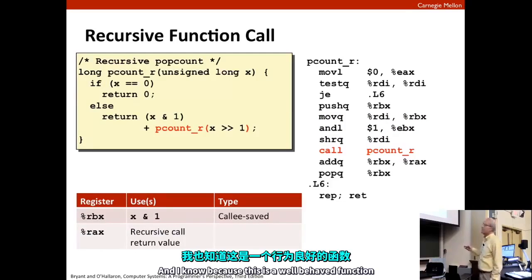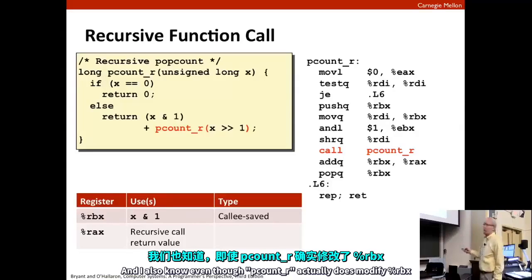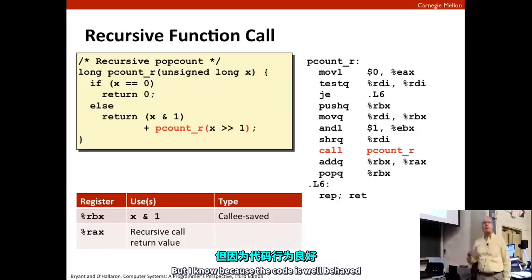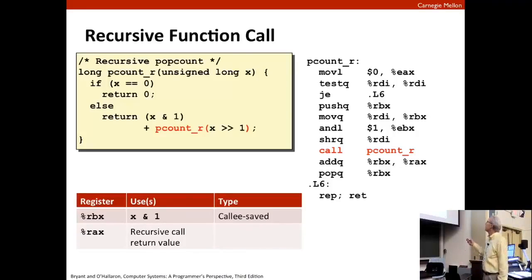And I know, because this is a well-behaved function, that when pcount returns, it can assume that RAX holds the recursive result. And I also know, even though pcount actually does modify RBX, that because the code is well-behaved, RBX will get restored to whatever was there before.